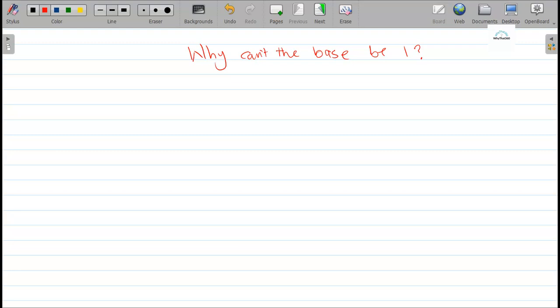So why can't it be 1? 1 to the power 4 is 1, and 1 to the power 10 is 1. So if we say log of 74 to the base 1, to find the answer we go back and say 1 to the power x equals 74.